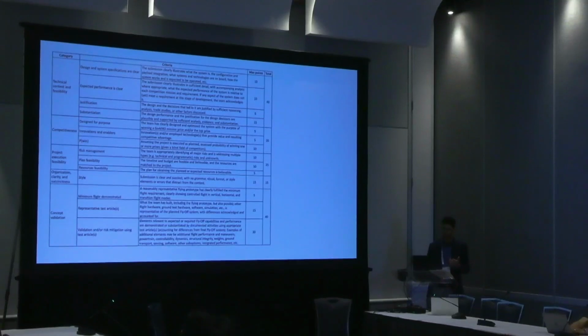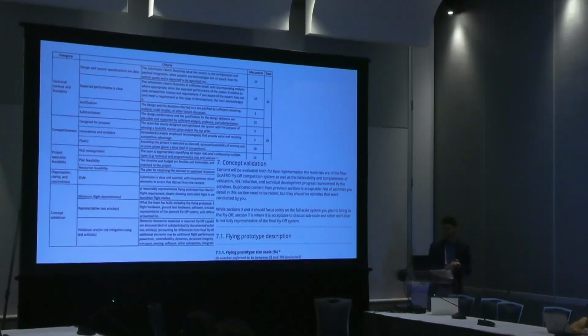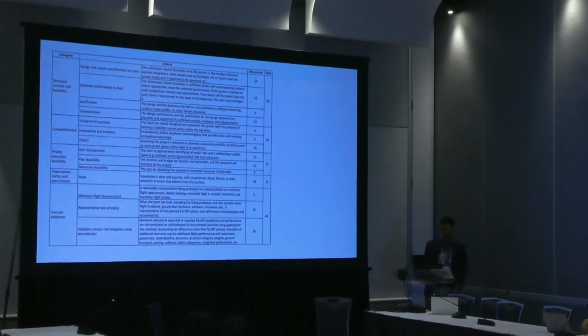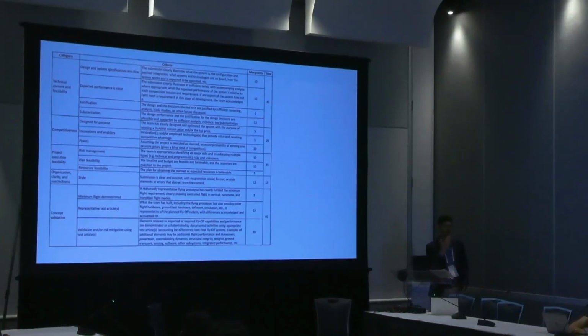This is too small to read, and then I just pulled a screenshot out so you can get a preview of what the stage 2 submission, the specific things you're going to be asked to submit. What I'll emphasize here, you probably cannot read it, and I'm not going to hot swap HDMI cables here, but in the concept validation, the intent of the scoring rubric is, first of all, for you to be making good progress, maturing your system and de-risking your program.